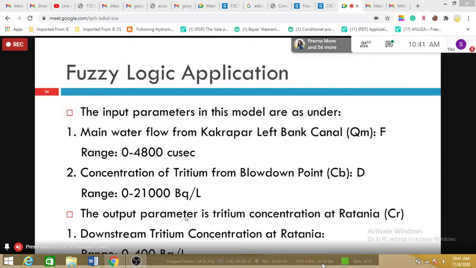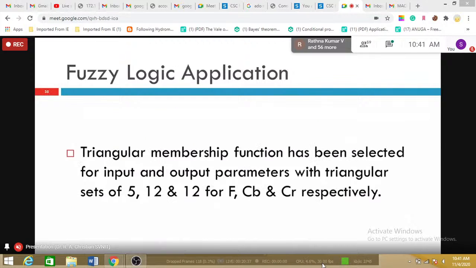And then the output parameter was the tritium concentration at Ratania, which we defined as fuzzy set CR, and the concentration range there was 0 to 400 becquerel per liter. So ample data was available with us.